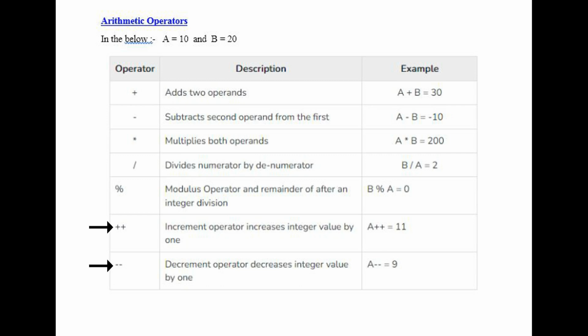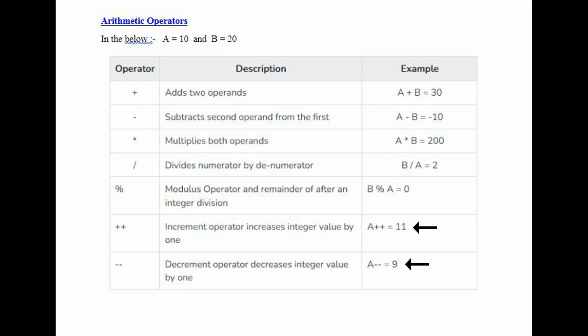And then we have the double plus sign here and the double minus, and again I'm going to code this up. It will be somewhat more obvious what these two do. Essentially, just briefly, adding two plus signs to an operand increments its value by 1, and adding the double minus to an operand decrements the value of that operand.